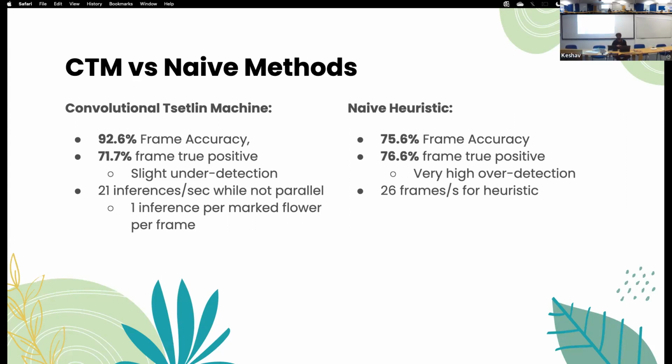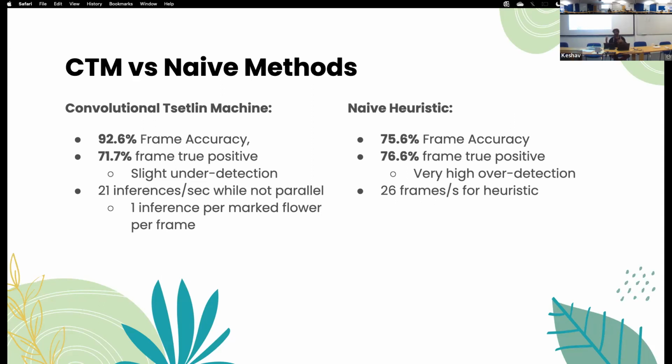Likewise, in terms of runtime, the convolutional Tsetlin machine was able to run 21 inferences per second, in this non-parallelized state and running sequentially on a CPU, with one inference per marked flower per frame. This gives about 2 frames per second on the data that we have.